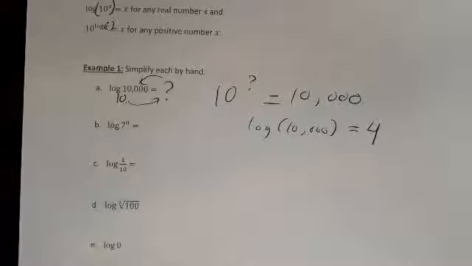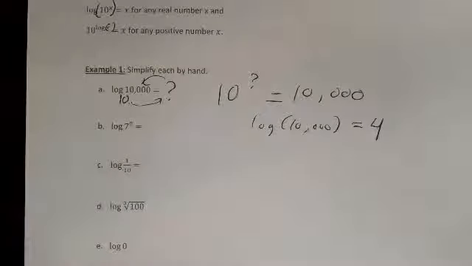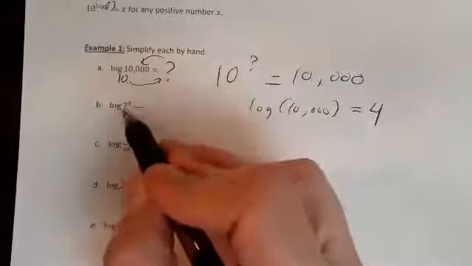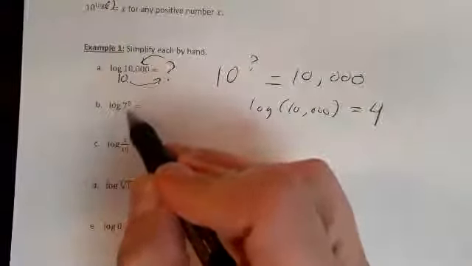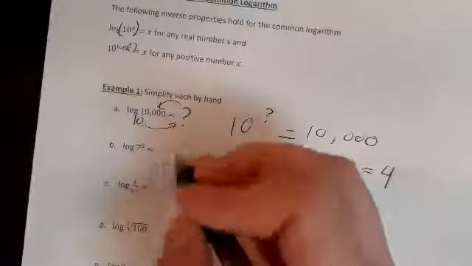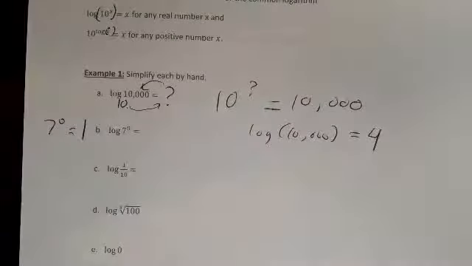I like this. So log of 7 to the 0. So this might look kind of weird. But I think if you evaluate 7 to the 0 first, well, anything to the 0, other than 0 to the 0, we're not talking about that. But anything that's not 0 to the 0, that's just a big fancy way to write 1.